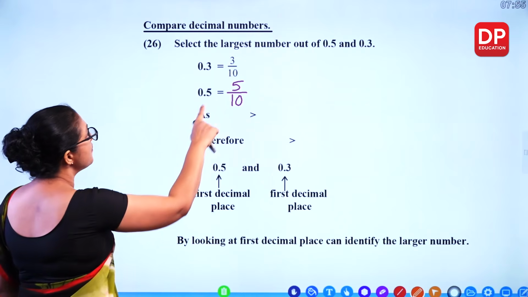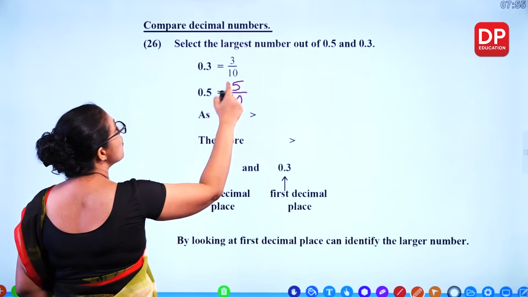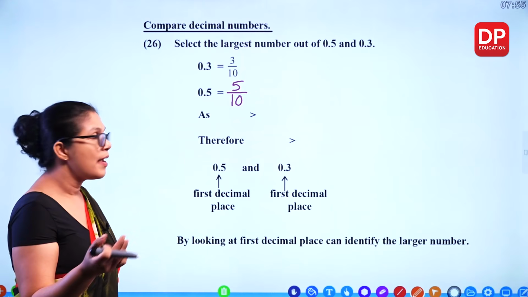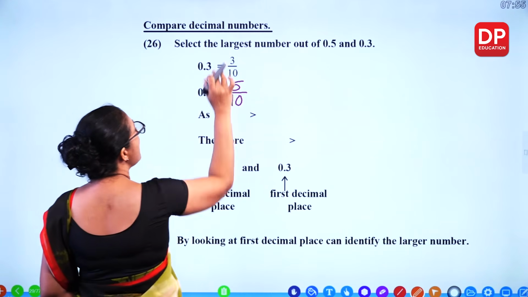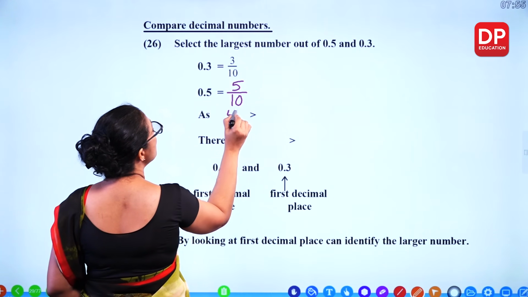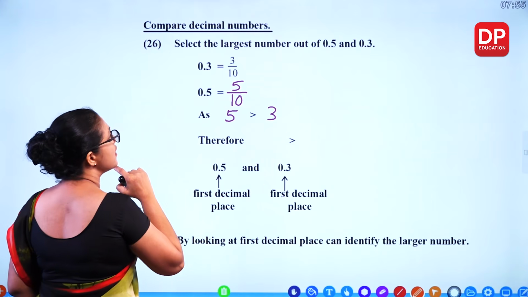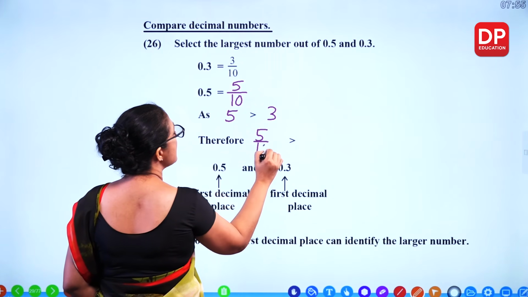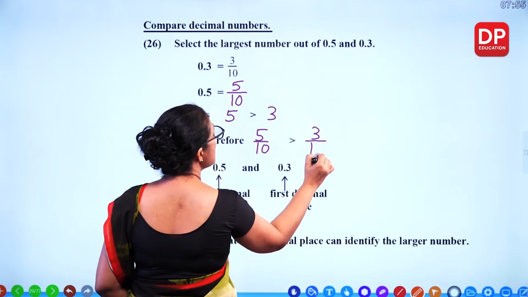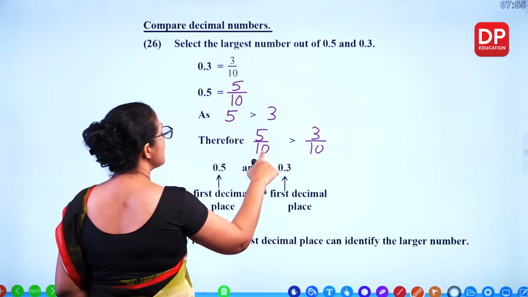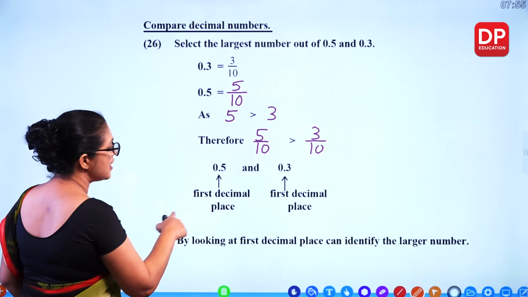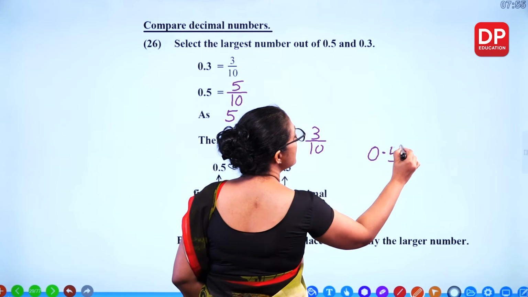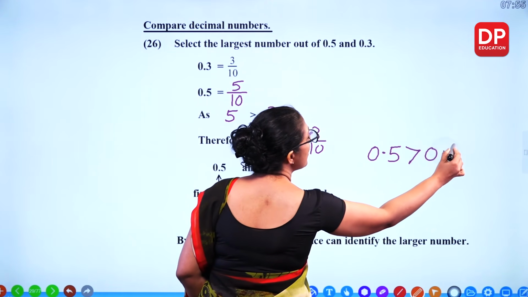So when you take these two fractions, the denominator is the same. 5 is greater than 3, so 5 over 10 is greater than 3 over 10. What does 5 over 10 mean? 0.5. So I can write 0.5 is greater than 0.3.